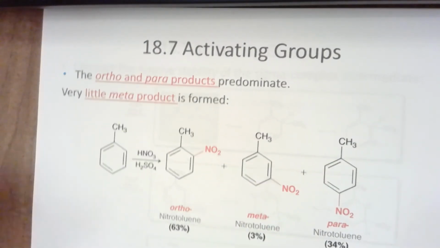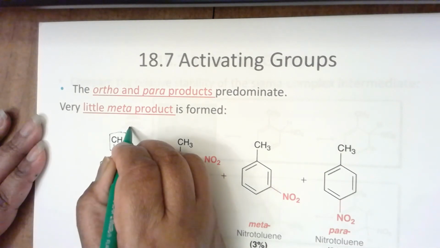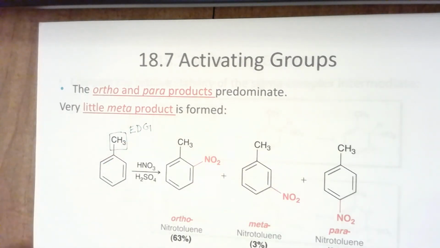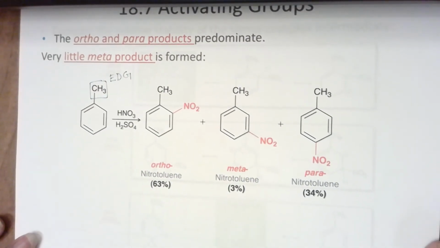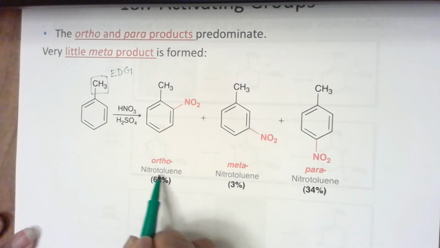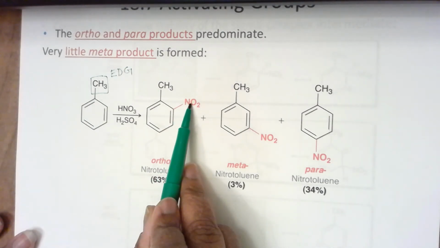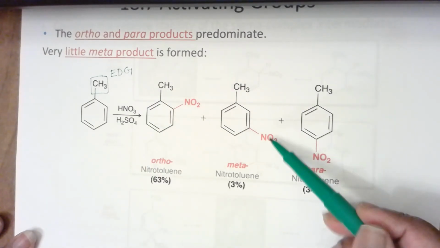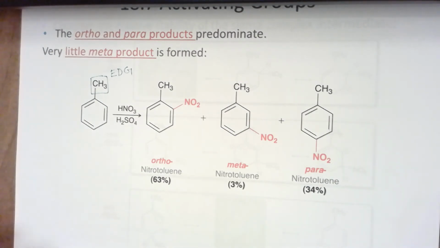So if you have a methyl group, and remember this is an electron donating group, here are the structures of the 3 products. Ortho nitrotoluene, meta nitrotoluene, para nitrotoluene.